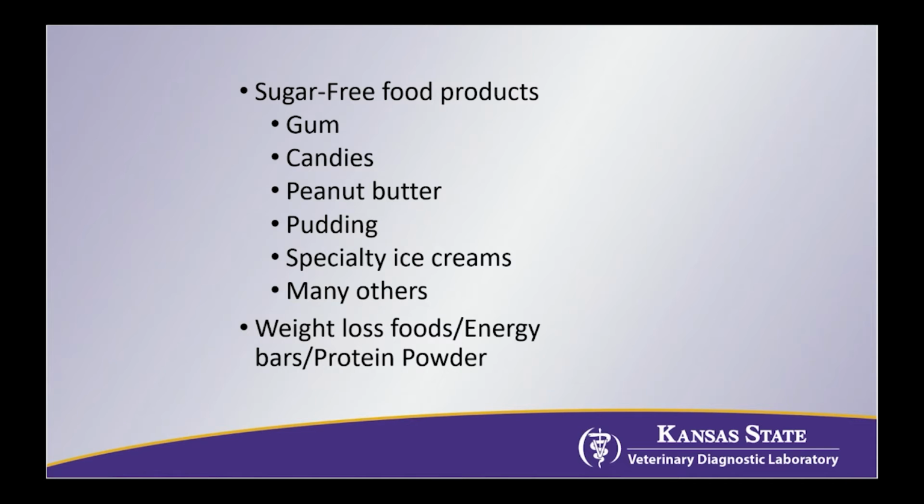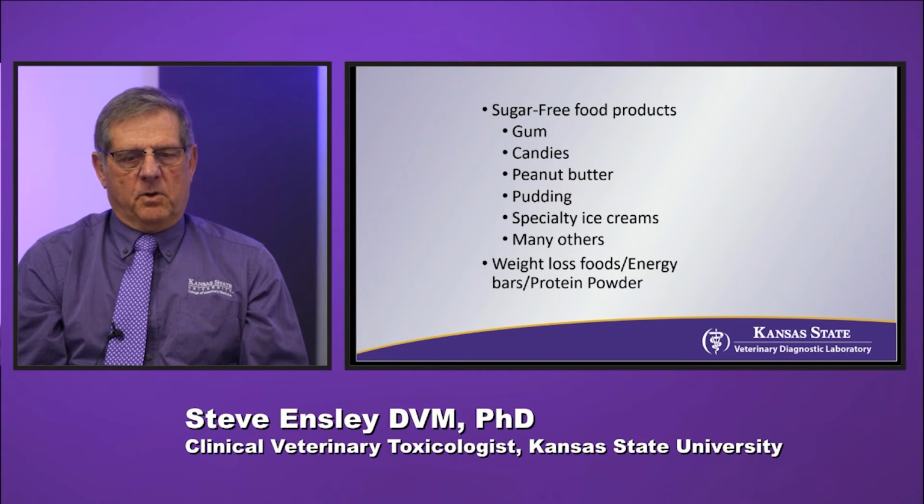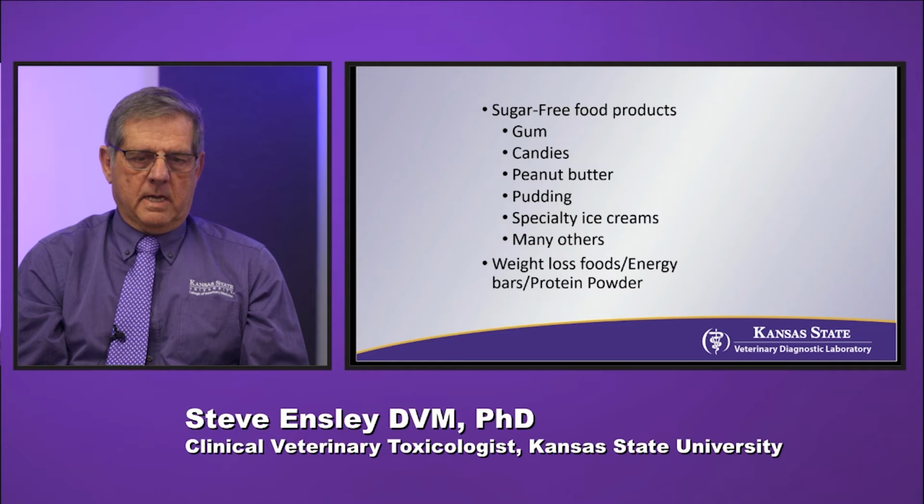If you actually look at the label on a lot of the products in your house, you'll be surprised how often xylitol shows up. Even though as humans we can use these without any issues, not all animals that get into xylitol will have issues, but as far as artificial sweeteners go, it's very high on the list that we see issues with.